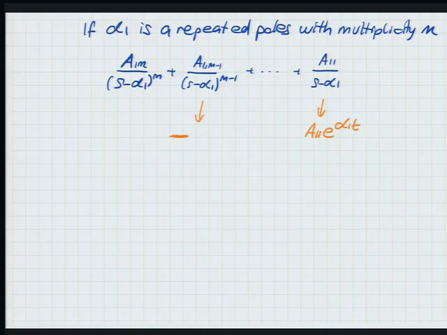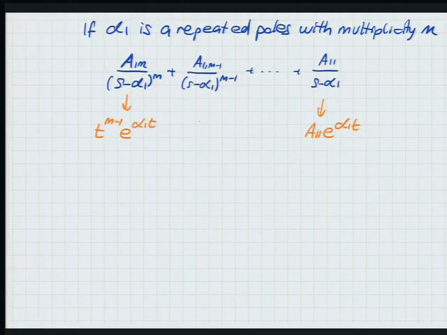But the important point is that you're going to end up with t to the m minus 1, which simply means it's not there when the multiplicity is just 1. Oh, wait, I'm talking about this, sorry. So the last one will give you t to the m minus 1 e to the alpha 1 t, right?